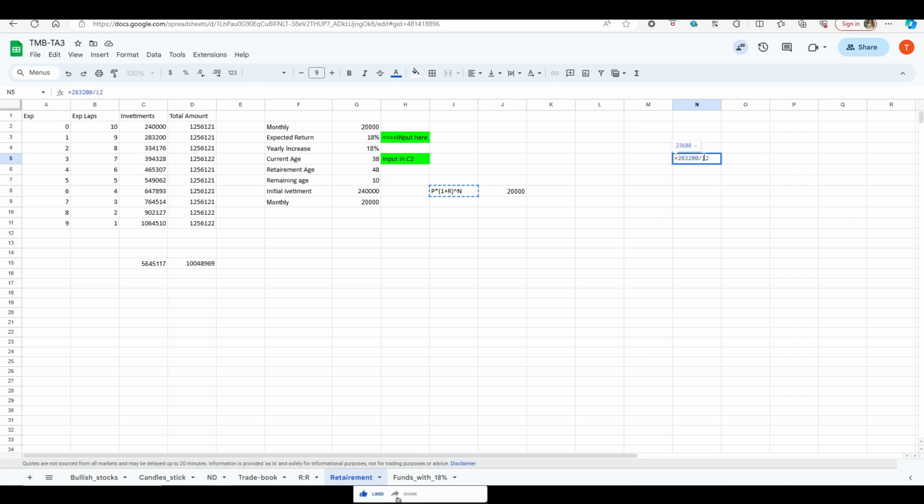By 12, how much? Okay, 23,600 is the monthly investment I am going to do. Similarly, for the third year, monthly you can put 27,000. Fourth year we can put like 32,000.